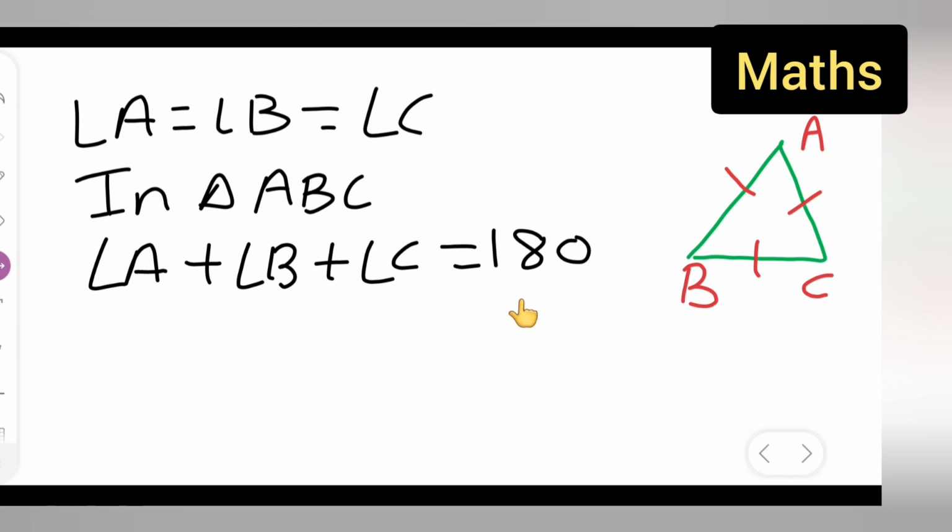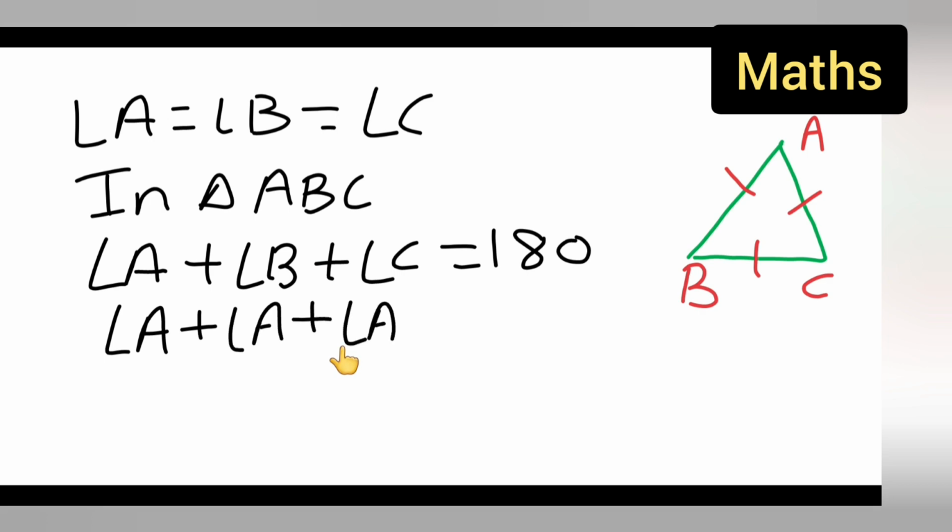This is the angle sum property of a triangle. So in place of angle A, I will write angle A only. So here it will be angle A plus angle A plus angle A is equal to 180.